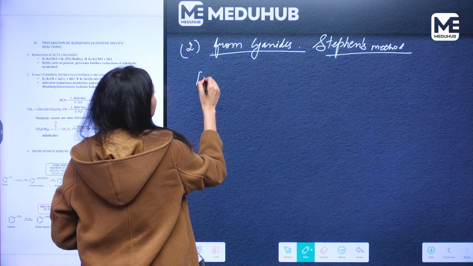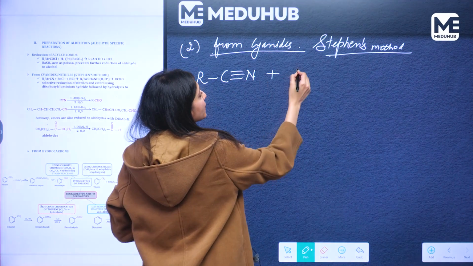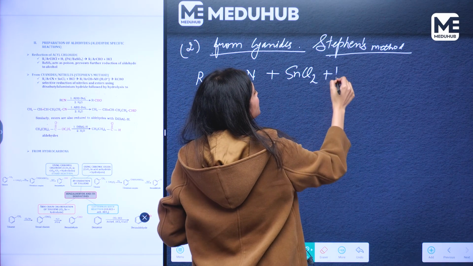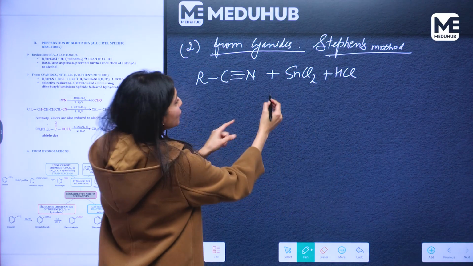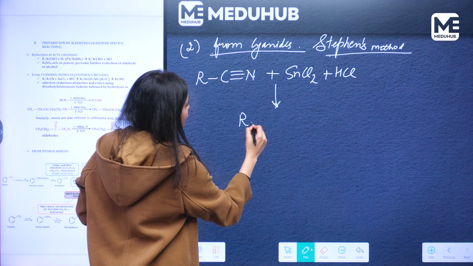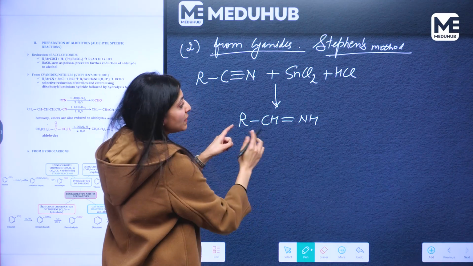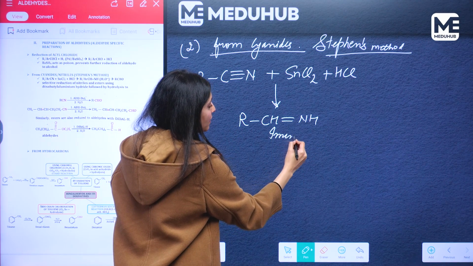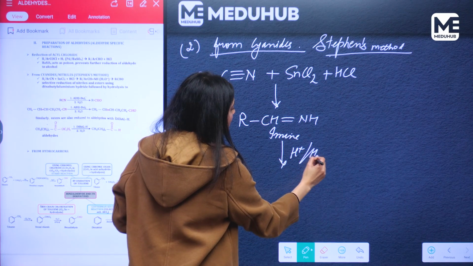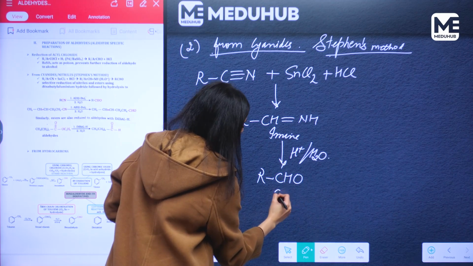So if we have a cyanide, this reacts with stannous chloride, SnCl2, in the presence of HCl to give us an imine first, with a double bond and H here. This is an imine, which on acidification gives us the required aldehyde.